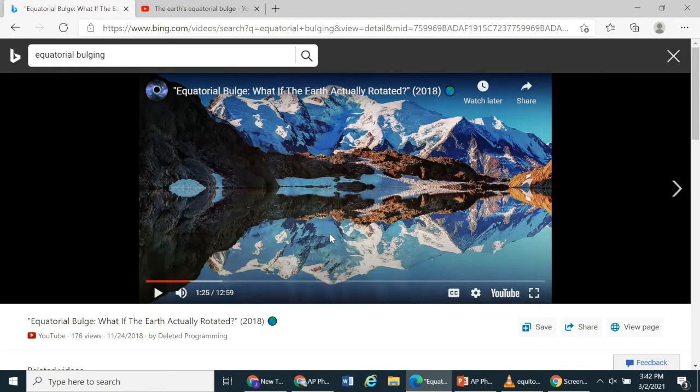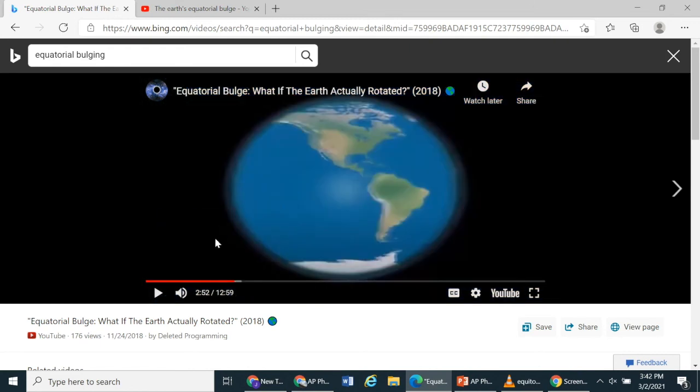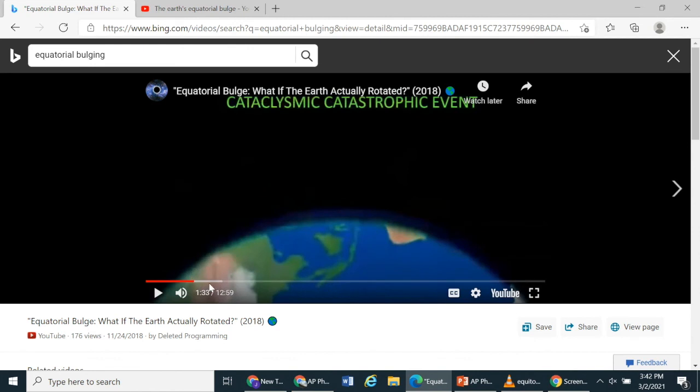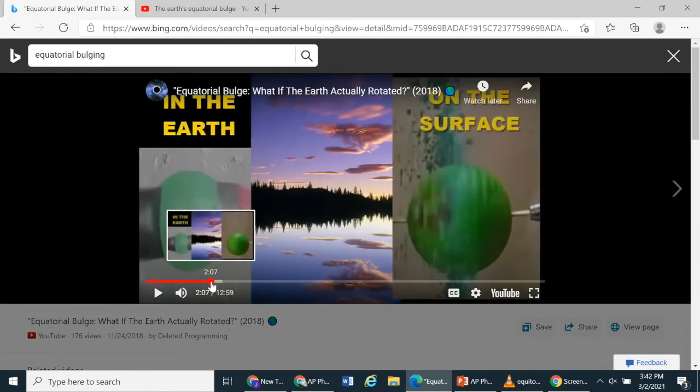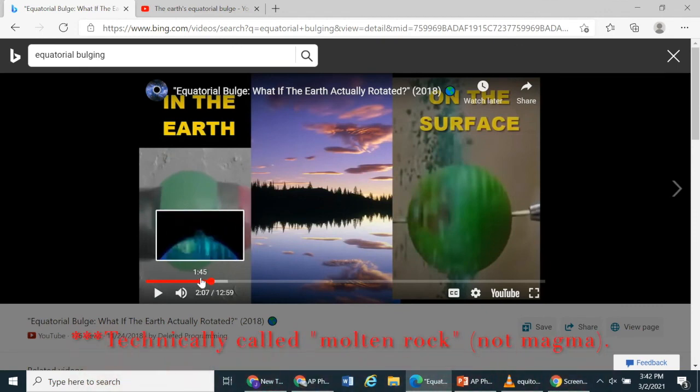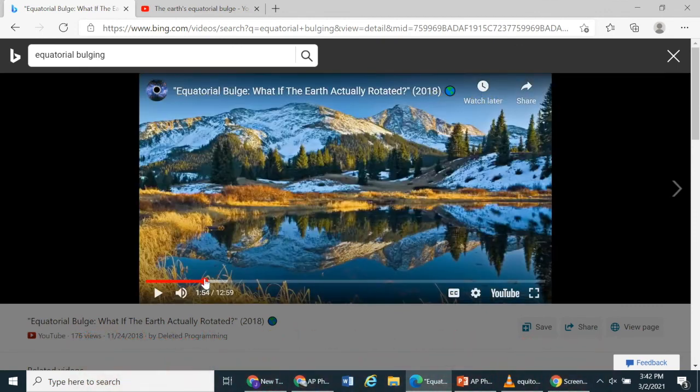And I can't even believe I watched the whole thing. They are saying that the mountains would be 14 miles higher. And how would that be possible? I think the point is that the Earth has plates sitting on top of magma, which is liquid. And so it's not just a solid hunk of something.